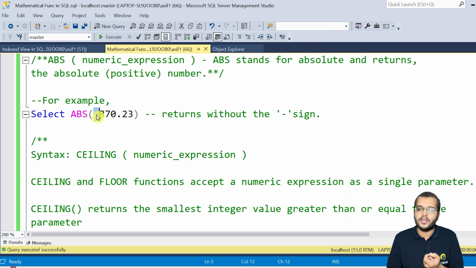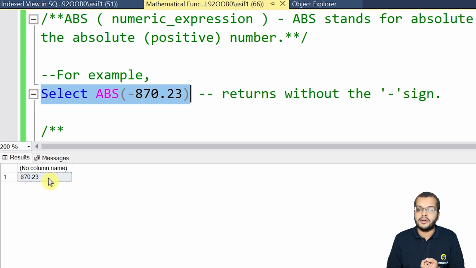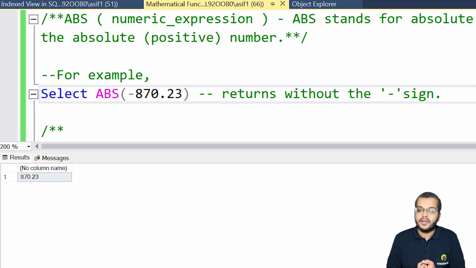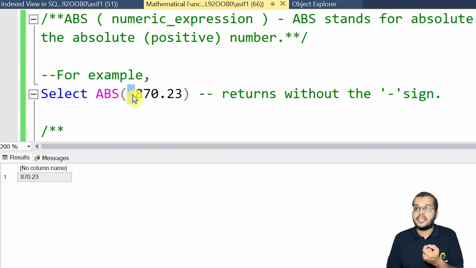ABS of, I am writing one negative number here. When I execute it, I am getting an output with a positive 870.23. Even though I have given a negative sign, it gives a positive result in the output. So absolute will remove the negative sign and give us the positive number. ABS is nothing but absolute, and the short form of writing it as a function is ABS.